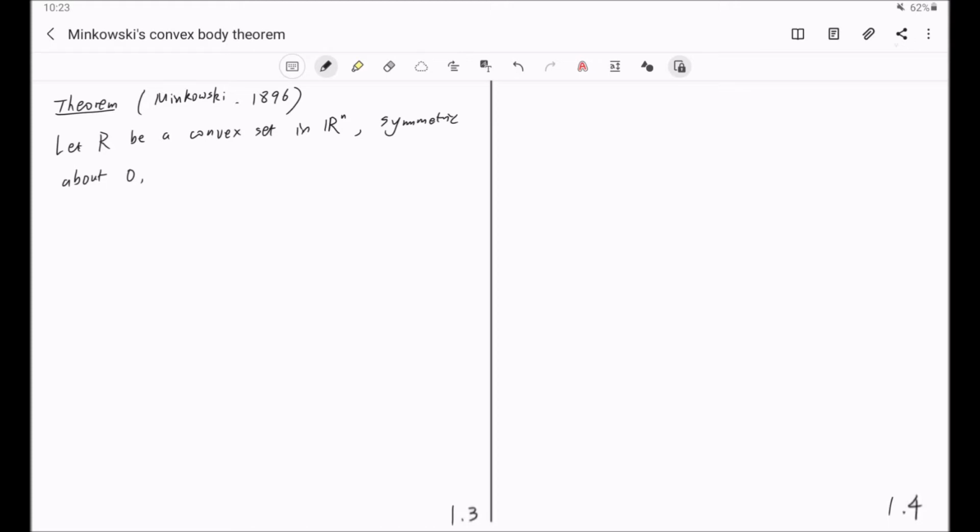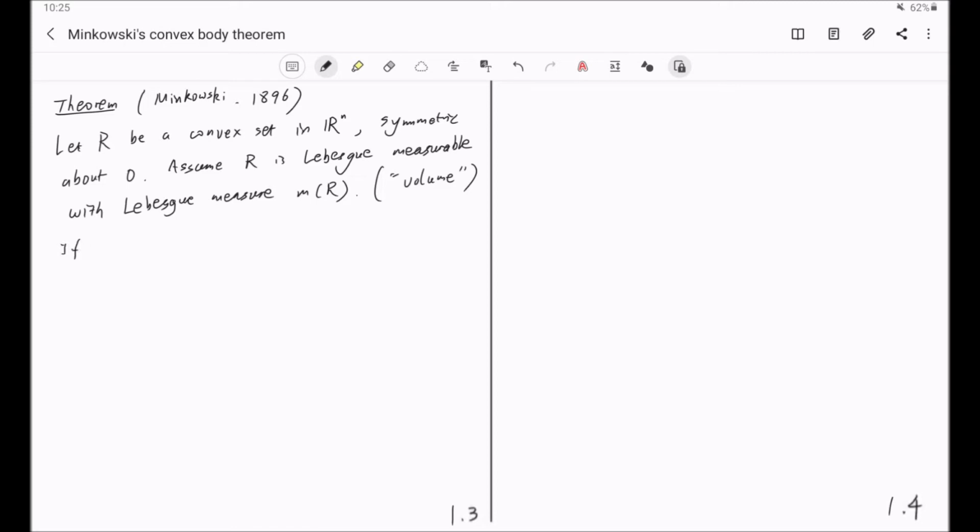Furthermore, we assume R is Lebesgue measurable with Lebesgue measure M of R. Sometimes we also call this the volume of the set R.